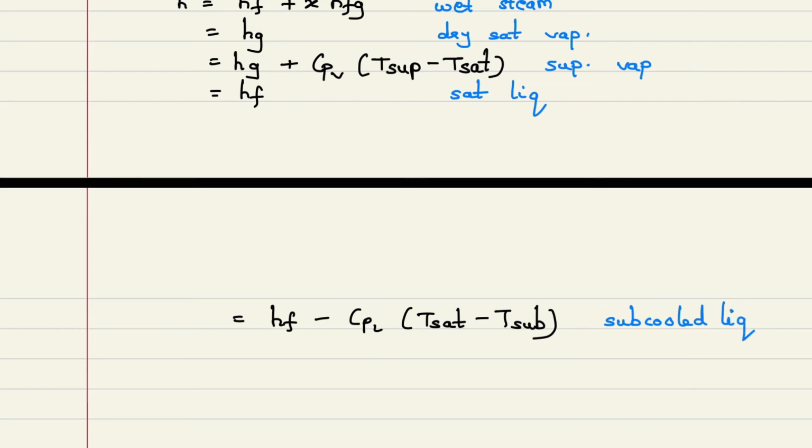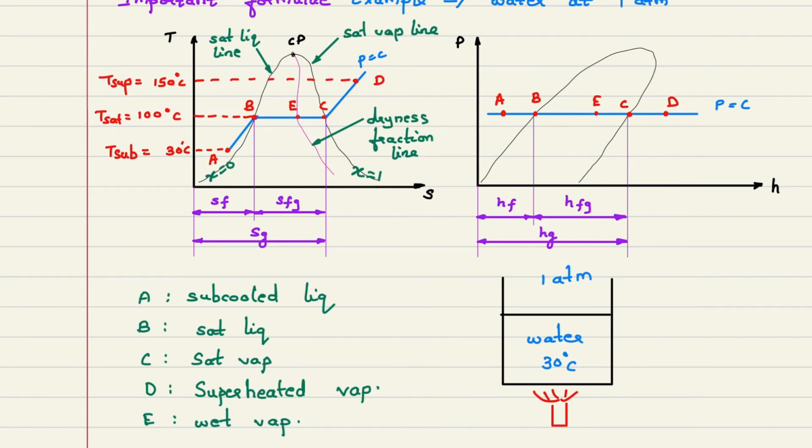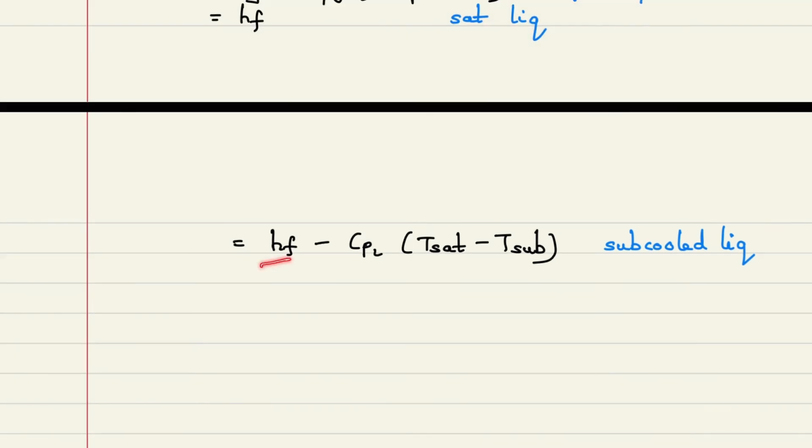Now understand how I have written this formula. We have to calculate the enthalpy of point A. What will be this enthalpy? HF minus this part, and this part A to B will be Cp of liquid into the higher temperature Tsat minus the lower temperature Tsub. So the same thing I have written here: HF minus Cp of liquid into Tsat minus Tsub.